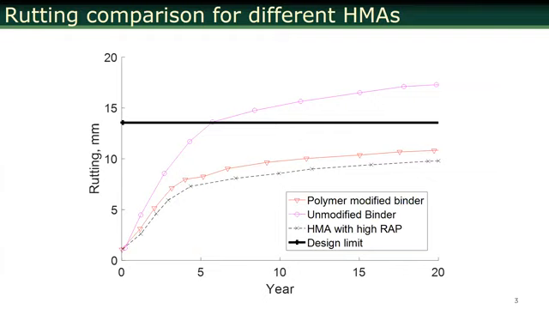When you use a high RAP mixture, hot mix asphalt with a high amount of recycled asphalt in it, you see this kind of change. And clearly, you can see how much change there is when you use a new material. So that is one of the really neat ways of looking at different materials and how they perform in the field.